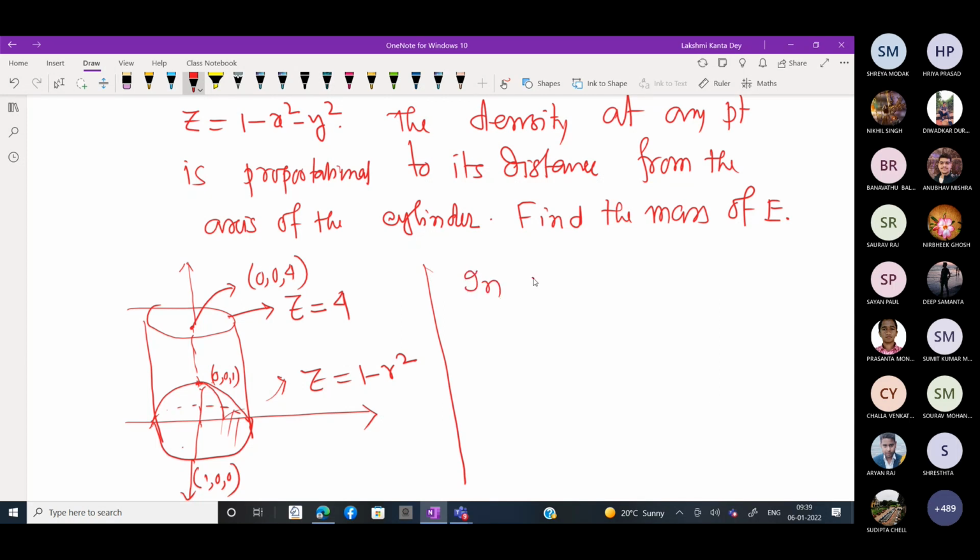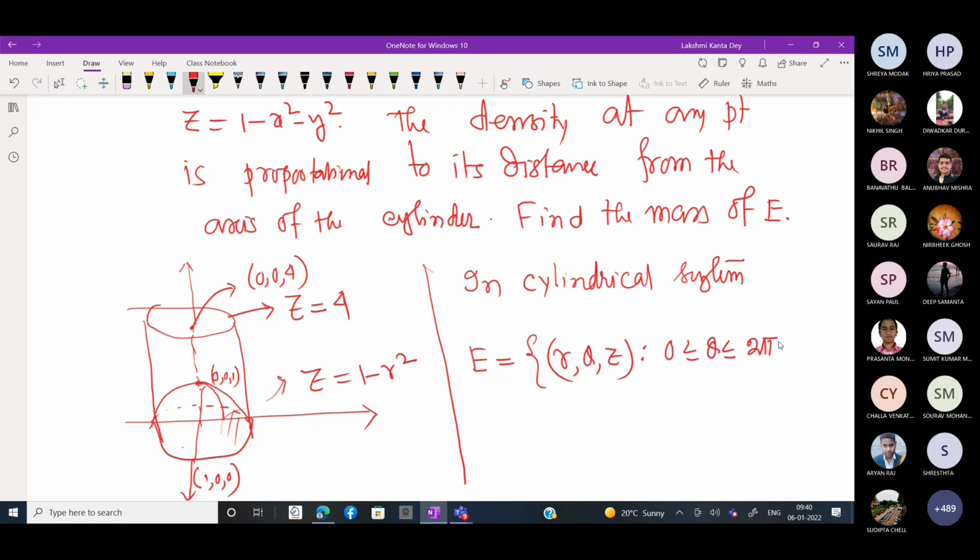In the cylindrical system, whatever we can write. So what is your E? This is r, theta, z. 0 less than or equal to theta less than or equal to twice pi, and 0 less than or equal to r less than or equal to 1.